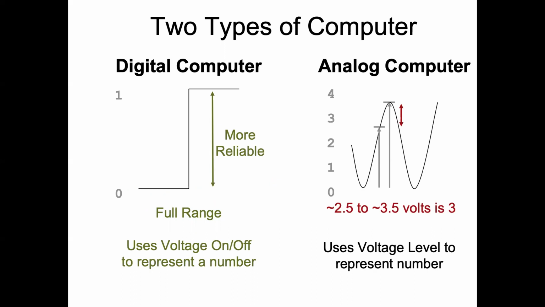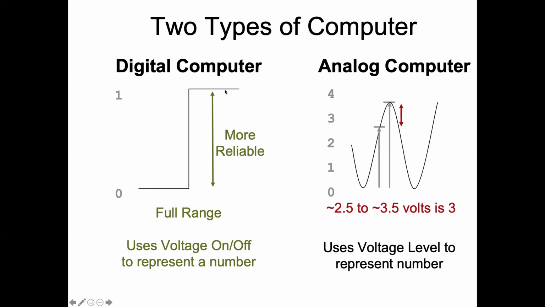So instead of having potentially a continuously varying value that we use to represent numbers, we'll use discrete values. And normally a digital computer system uses just two values that it has to discriminate, maybe just using off to represent 0 and on to represent 1.